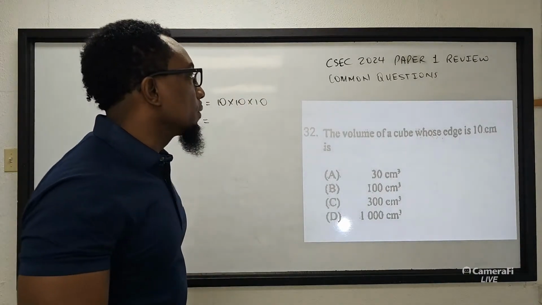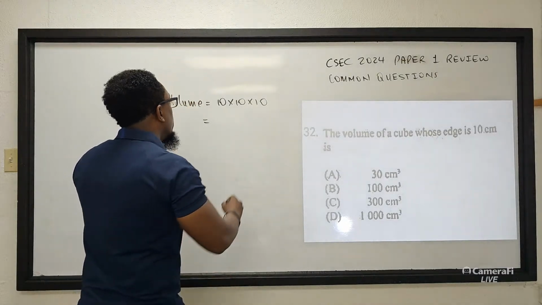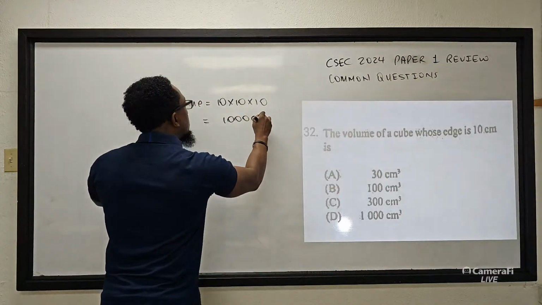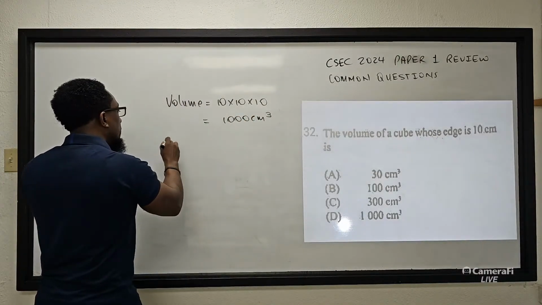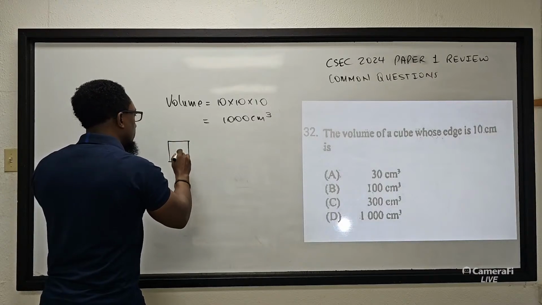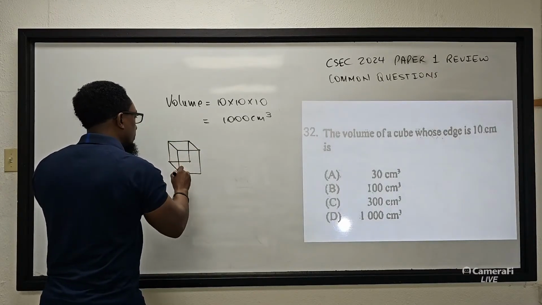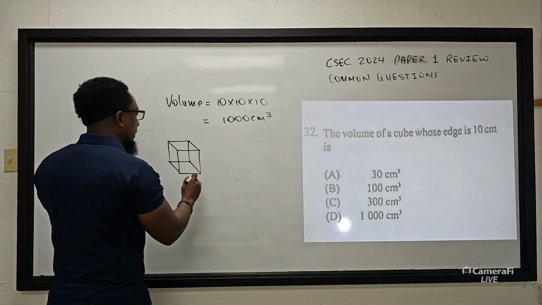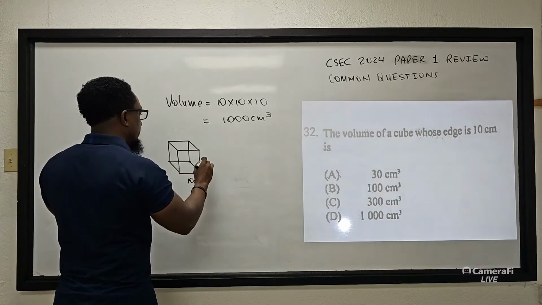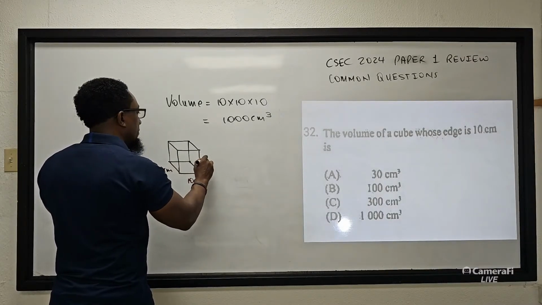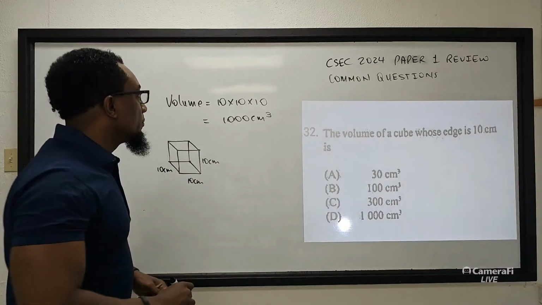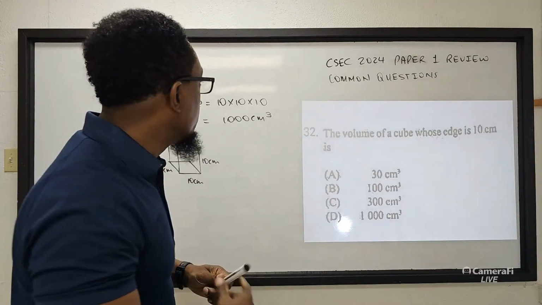And that, of course, will be 1,000 cm cubed. So we have this cube here, this is your cube. This will be 10 cm by 10 cm by 10 cm, which will give us 1,000 cm cubed.